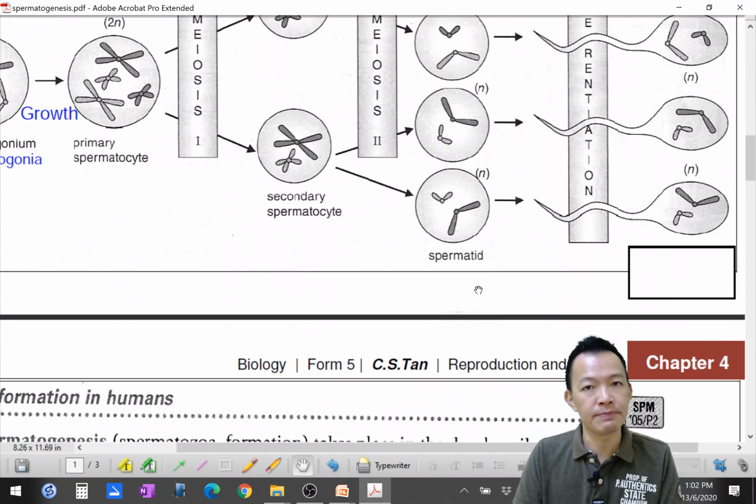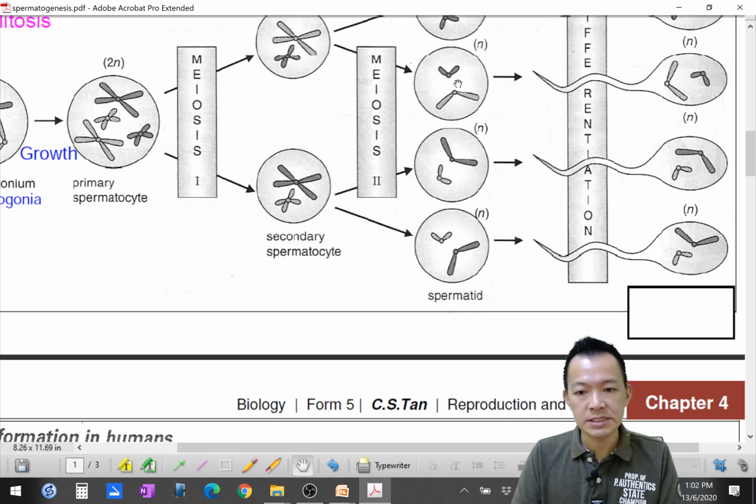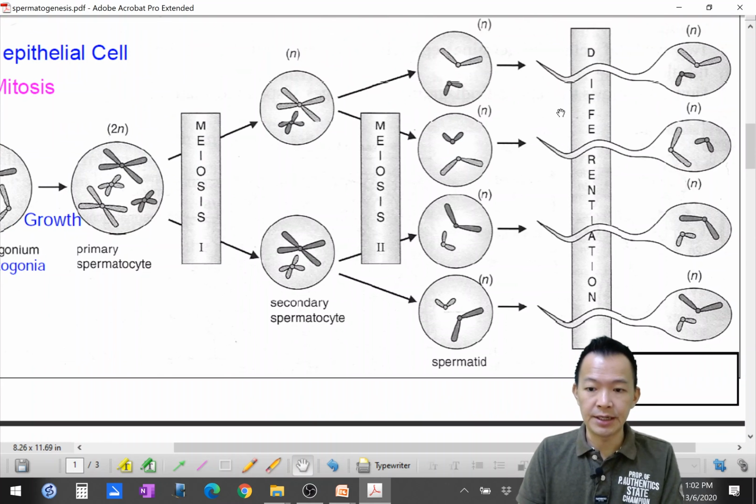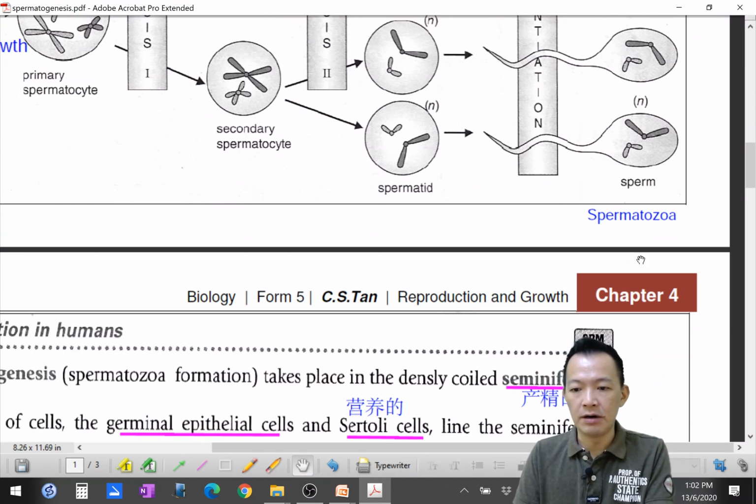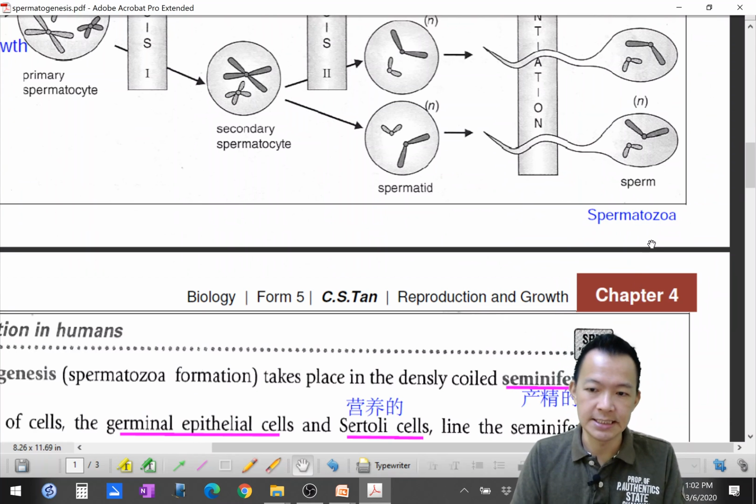All 4 spermatids get nourishment from the satellite cell, and finally become 4 spermatozoa, or sperm.